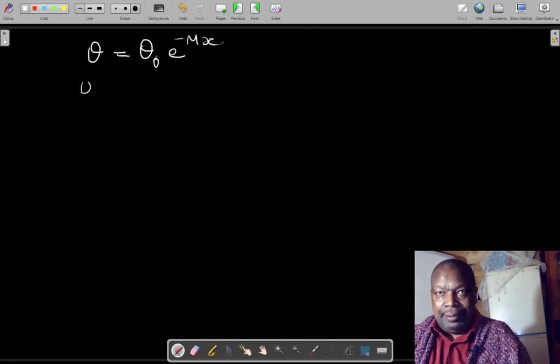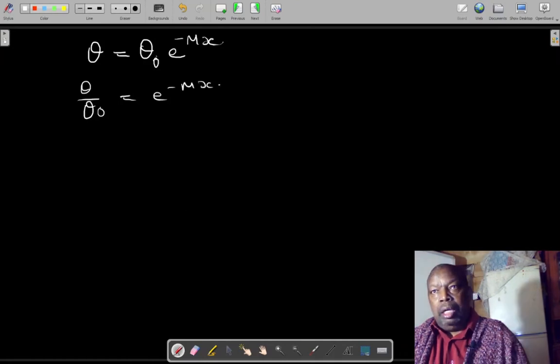So theta divided by theta naught is equal to e raised to the power of minus mx.